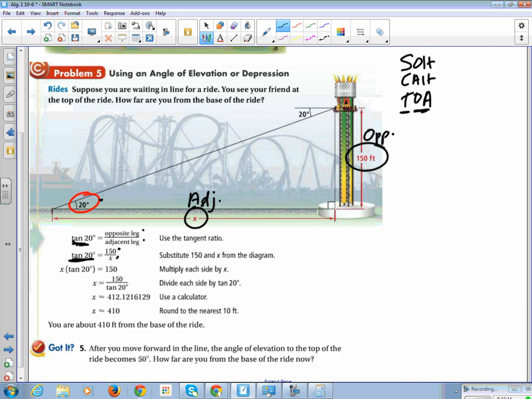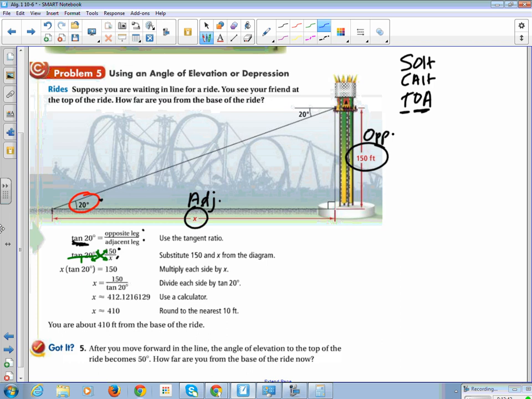So to solve for x, all you have to do is cross multiply. So you go tangent of 20 degrees times x and 150 times 1. So I just put tan of 20 over 1 and I cross multiply. So now I don't have a fraction, but I have an equation here.